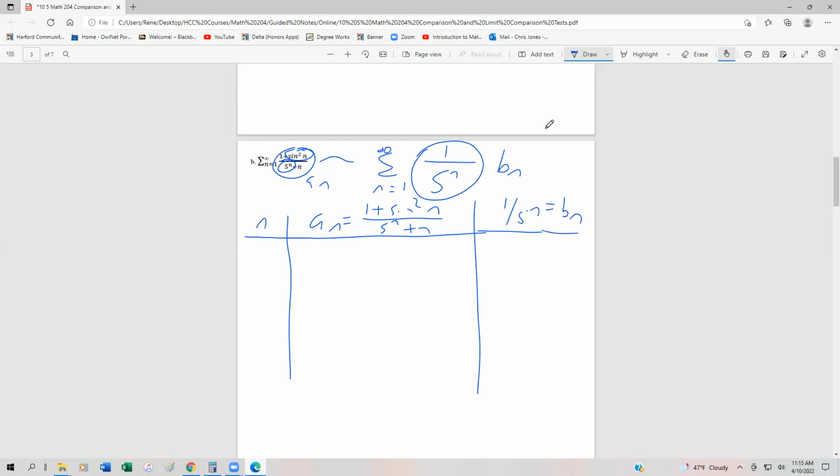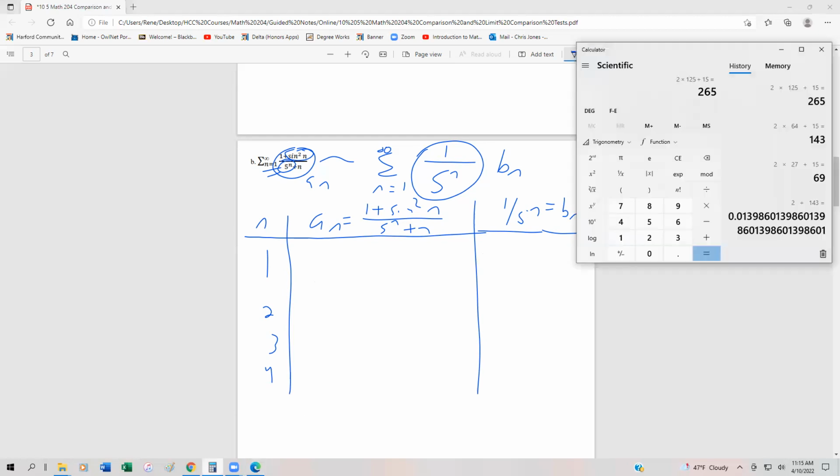Let's see what happens with the terms, starting at 1, so maybe 1, 2, 3, and 4. I'm going to use my calculator. Remember, we have to square the answer of the sine, so we're going to have sine of 1 squared, sine of 2 squared, etc. when we plug this in.